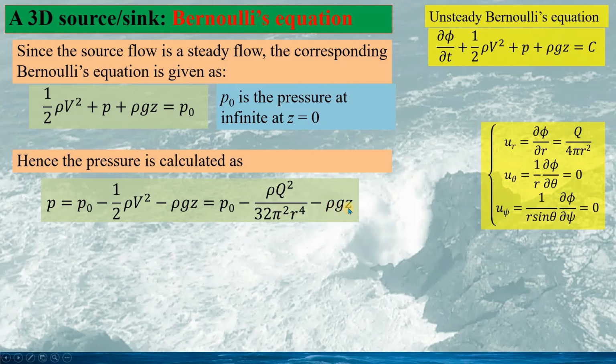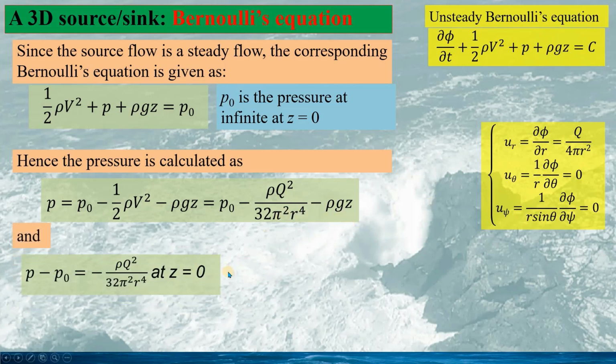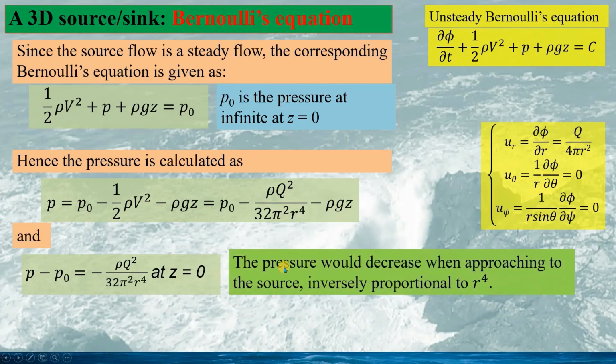The last term is the static pressure. It decreases proportionally as z increases. And this term is the pressure caused by the source flow. If we set z equaling 0, the pressure difference would be given as this. So the pressure would decrease when approaching the source.